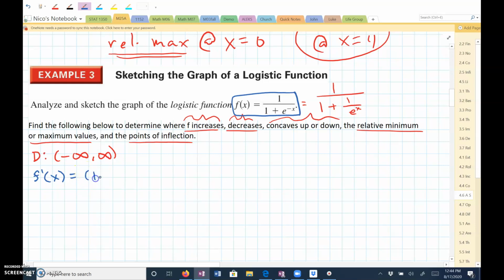It's going to be the denominator times the derivative of the numerator minus the numerator times the derivative of the denominator, all over the denominator squared.